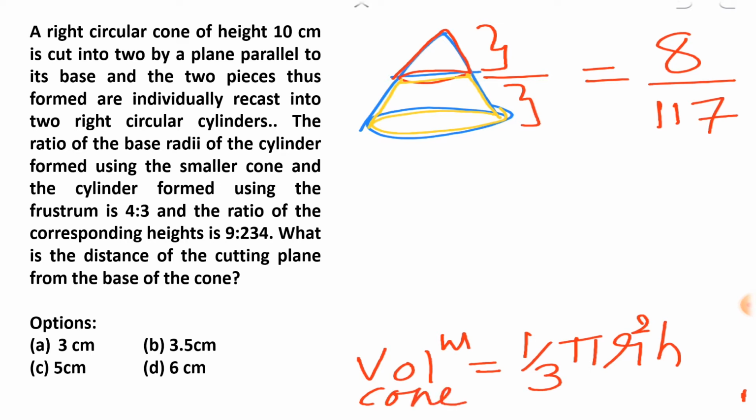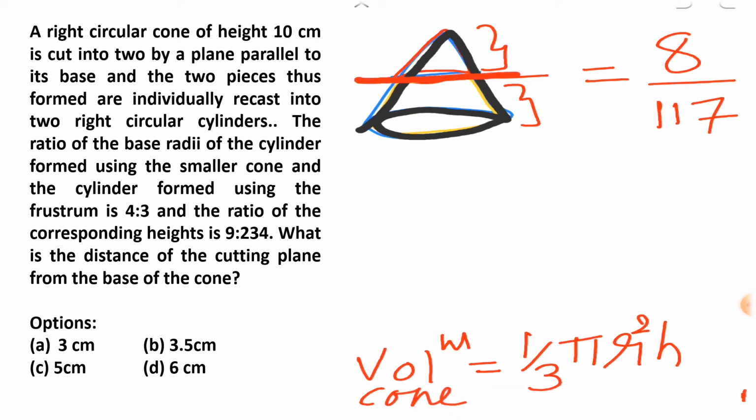Now, when I say this particular case, this is a special case. What is so special about this case? Now understand, over here there was a given cone, and there was a cut made parallel to the base.